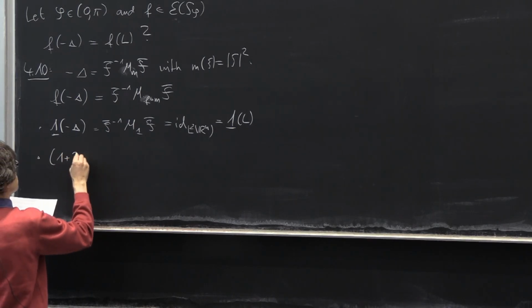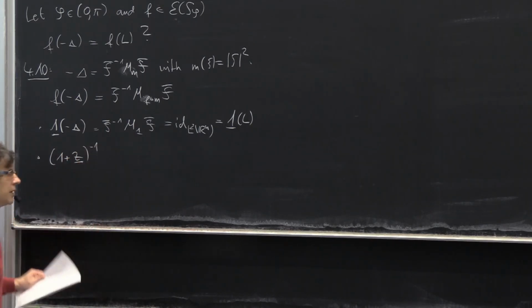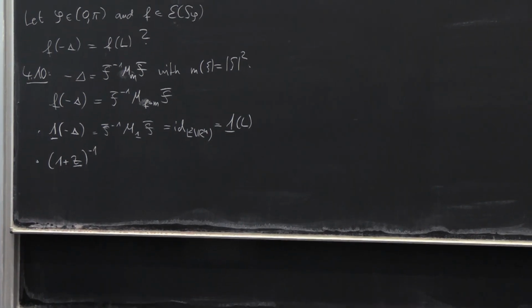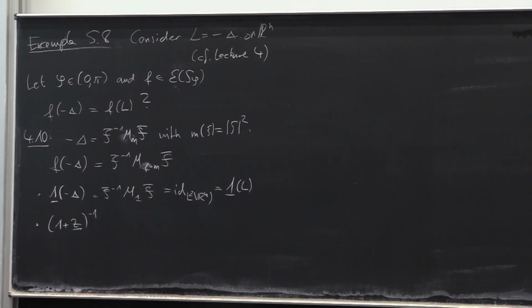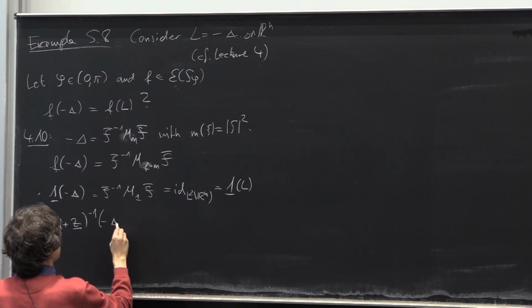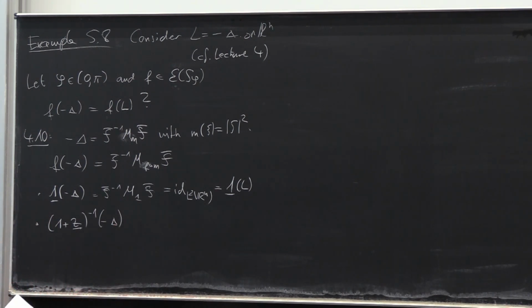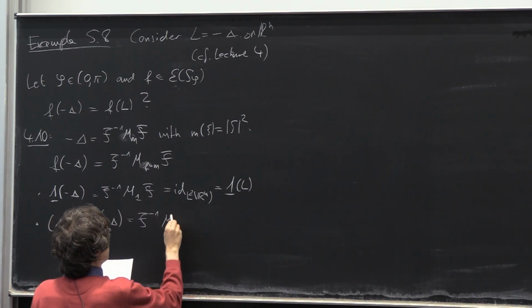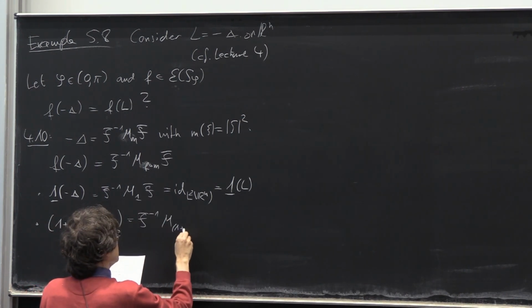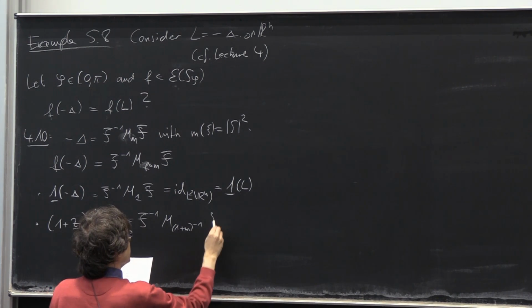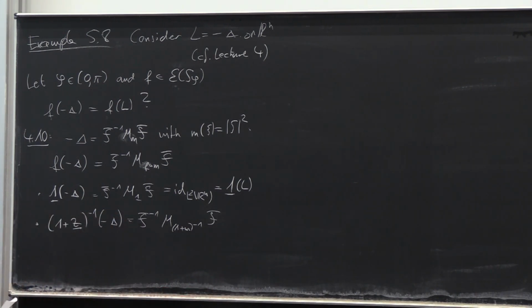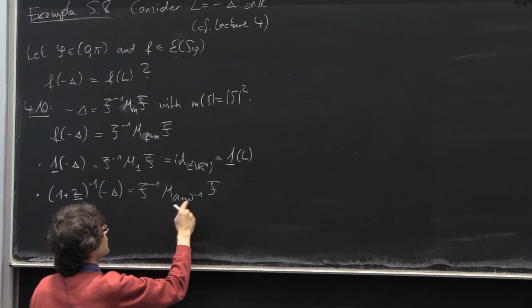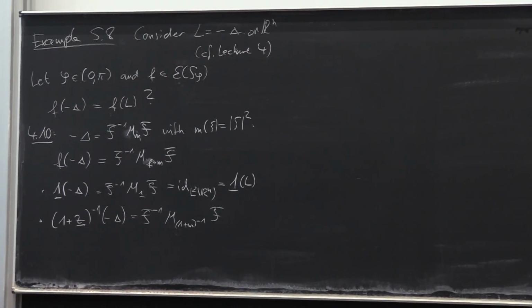So if you take the function 1 plus z to the minus 1, now remember this means the function z is assigned to 1 plus z to the minus 1, and you plug in minus Laplace in the sense of the 4th lecture. This gives you, on the Fourier side, the multiplication operator with 1 plus m to the minus 1. And now we know how multiplication operators with inverses are calculated.